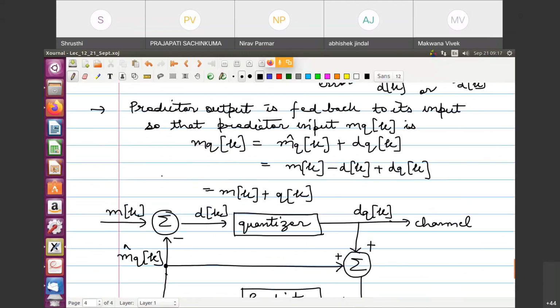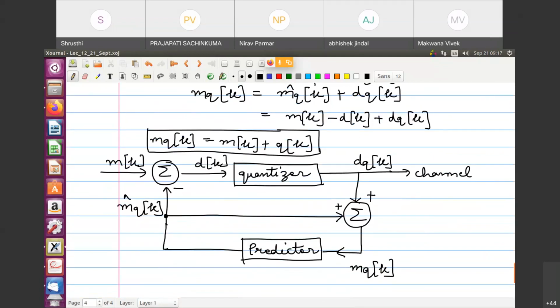So you can say that mqk is this. So what we have really achieved is that instead of putting m of k directly as an input to the predictor, we have put in mqk as an input. Okay? And we are transmitting this difference, which is between mk and this.